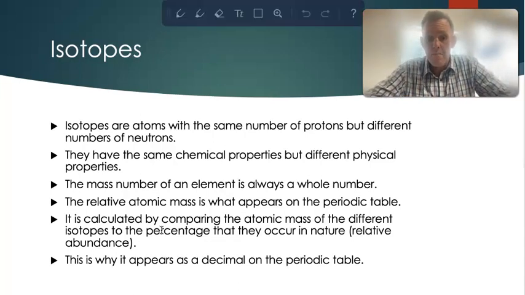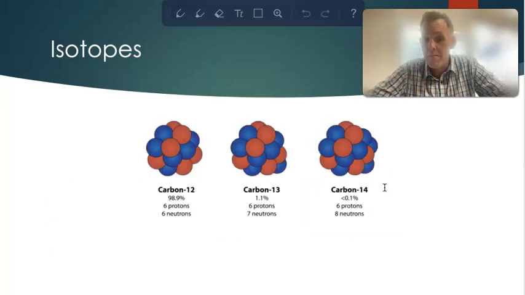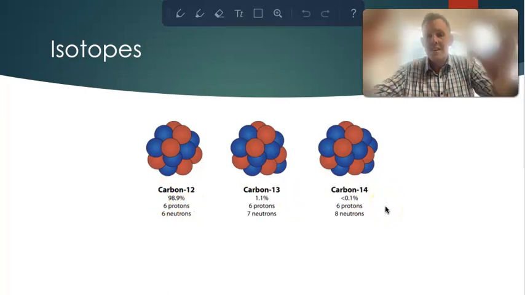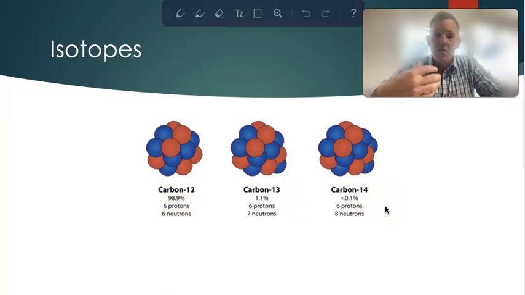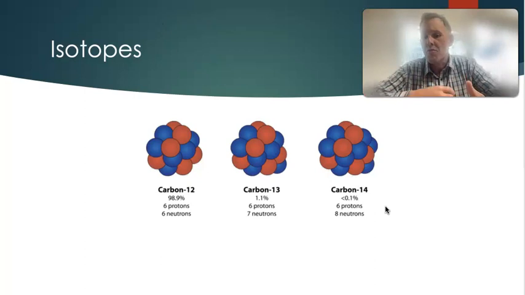Okay. The mass number of an element's always a whole number. So when we get something like carbon-12, what we're talking about is a mass number of 12, a mass number of 13 for carbon-13, a mass number of 14 for carbon-14. What you'll notice for each of these structures is the protons stay the same, so it's always the same element. What's happening is we're getting a different number of neutrons within it, and that's increasing the atomic mass.